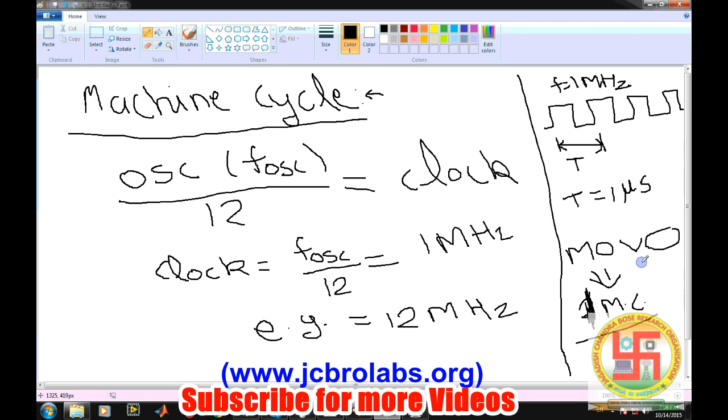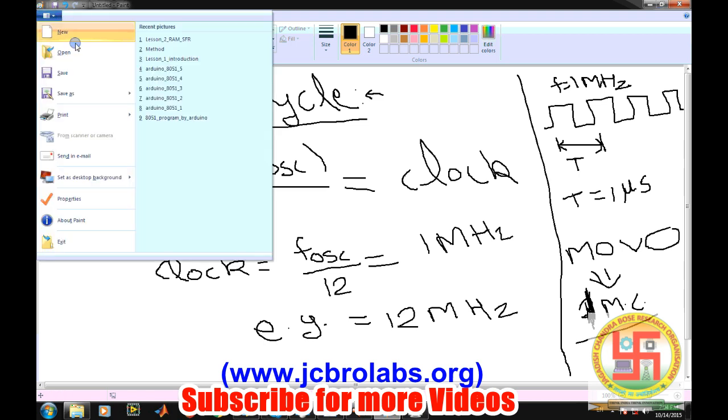Now moving forward, we are working with assembly language. I think you are clear with machine cycles. Now we will move forward to the kinds of instructions we could have in the 8051 microcontroller, and these various kinds are known as the addressing modes.